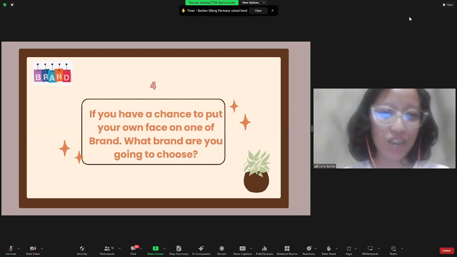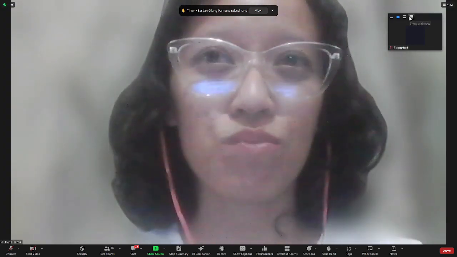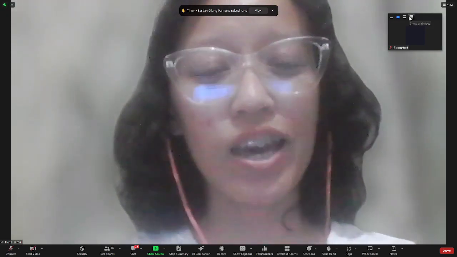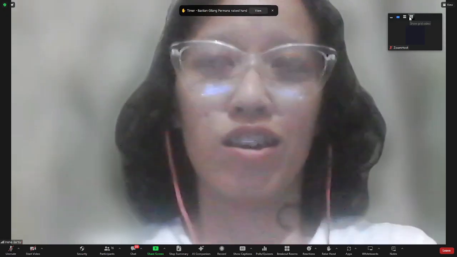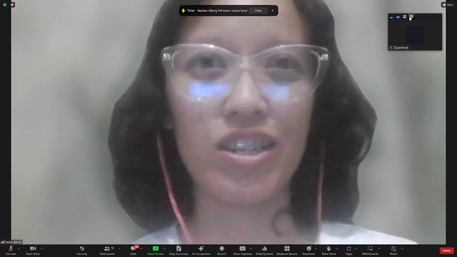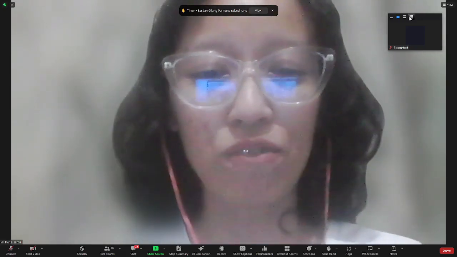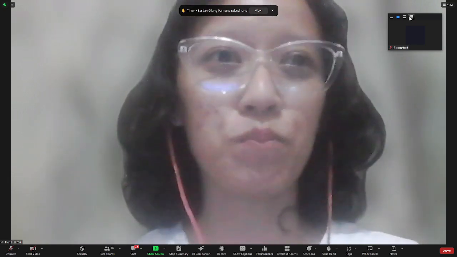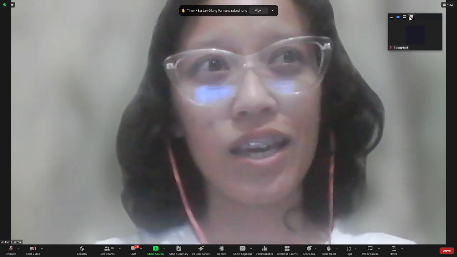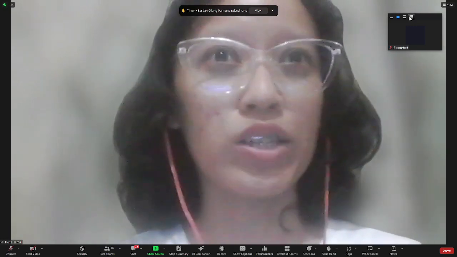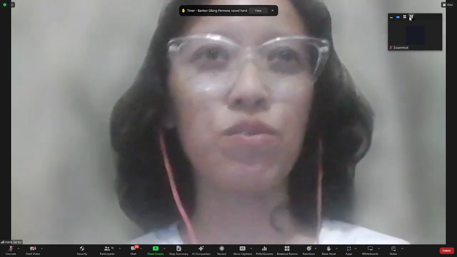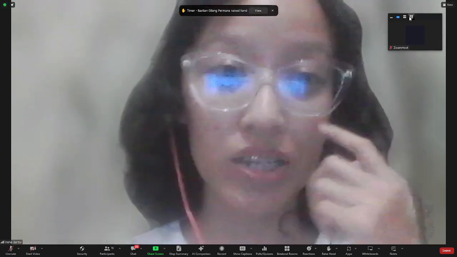Okay. If I have a chance to put my own face on one of the brands, I will choose batik as one of our pride in Indonesia, as heritage in our culture. And I feel like batik represents my identity, and I wear a lot of batiks on many occasions.